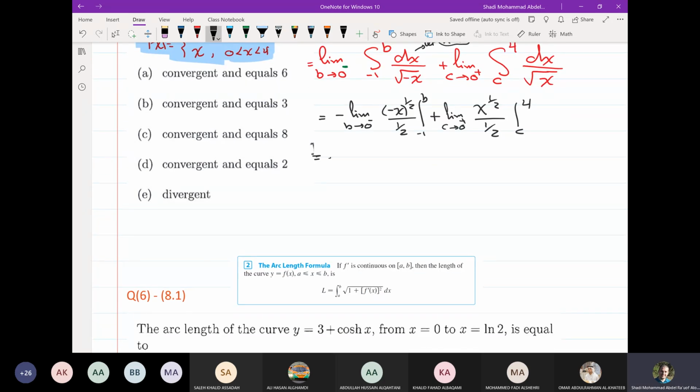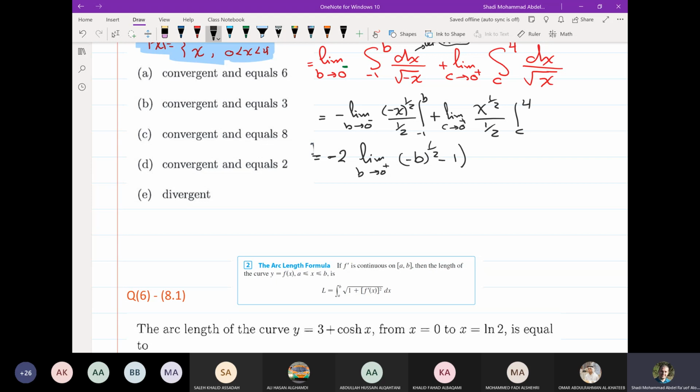Once you simplify this one, it will be -2 times the limit as b goes to 0 from the left of minus b to the power half minus 1 to the power half.